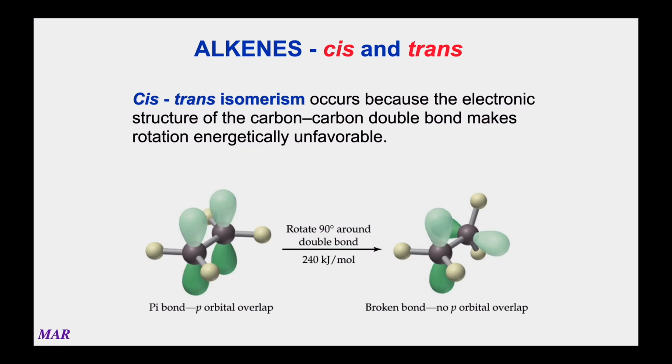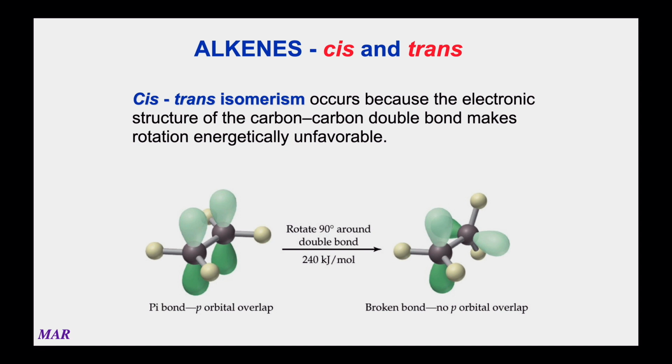To turn a cis into a trans or a trans into a cis is very, very tough. It's a very high energy transition. So you don't usually see cis and trans going through isomerism, which means changing one into the other. It takes a lot of energy to break the double bond, rotate the molecule, and then reform the double bond. It's not impossible, but 240 kilojoules per mole is a lot of energy.